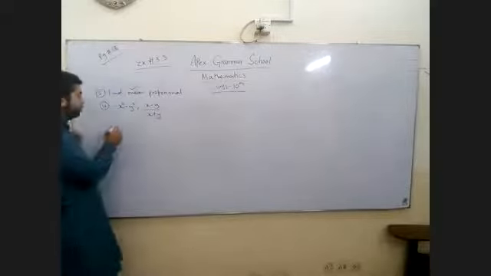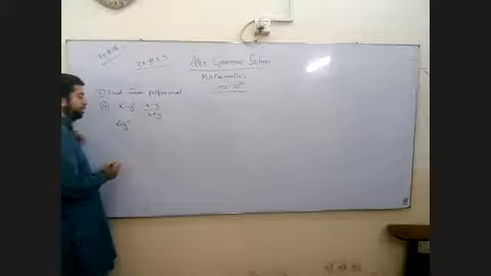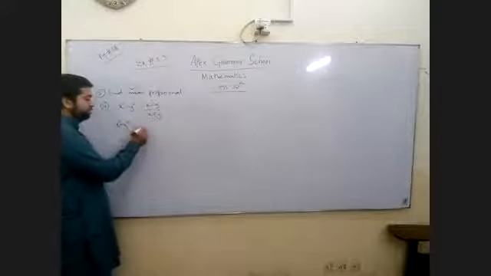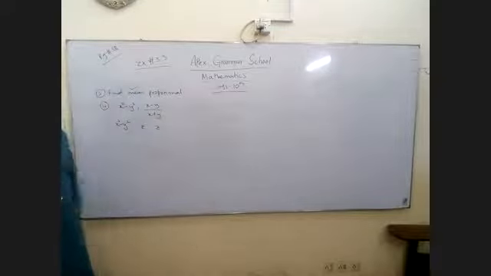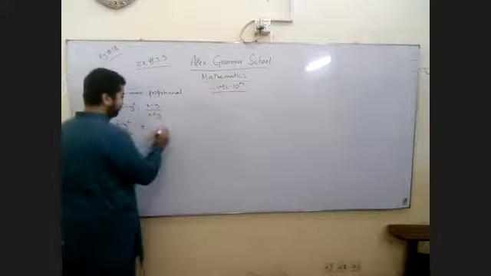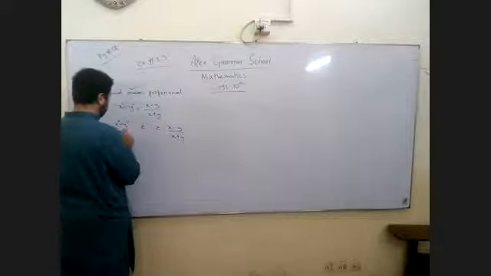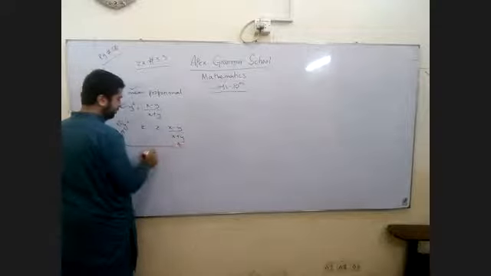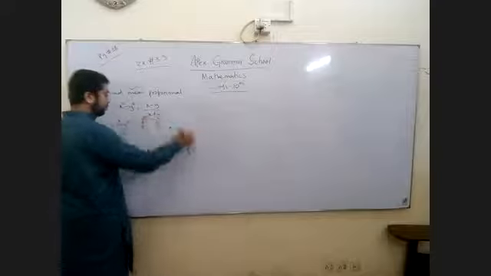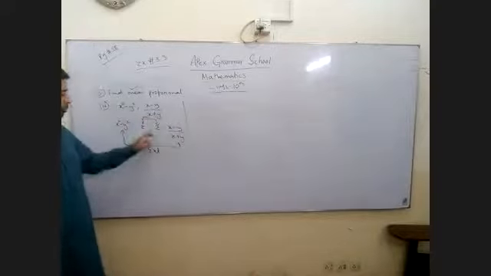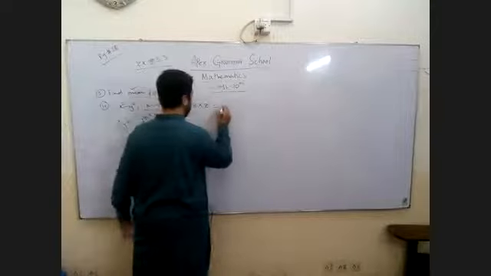So x squared minus y squared is an extreme, then let another variable like z be the means, and then x minus y over x plus y is the other extreme. The product of means is equal to the product of extremes.